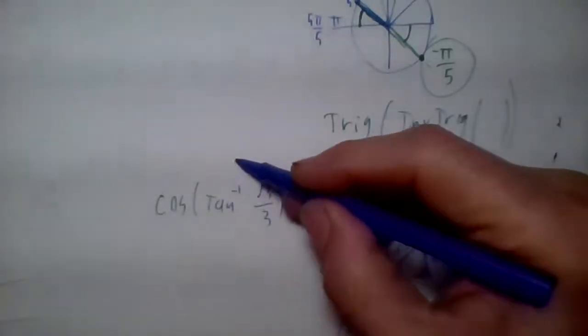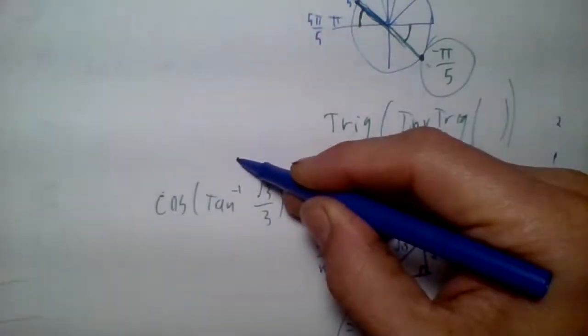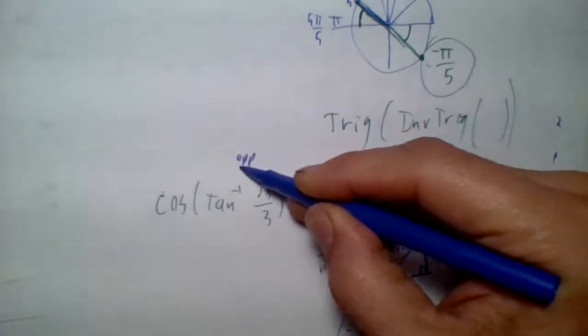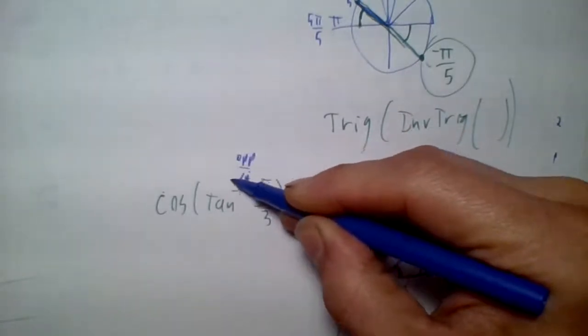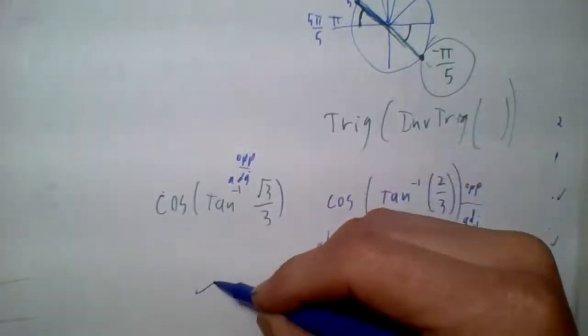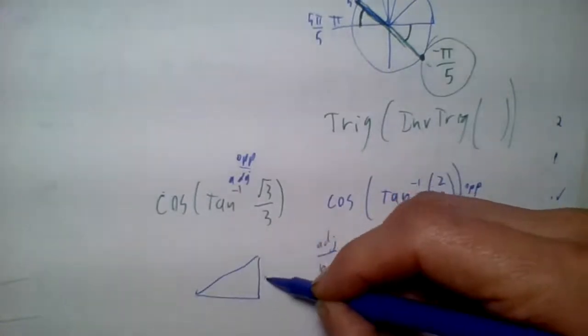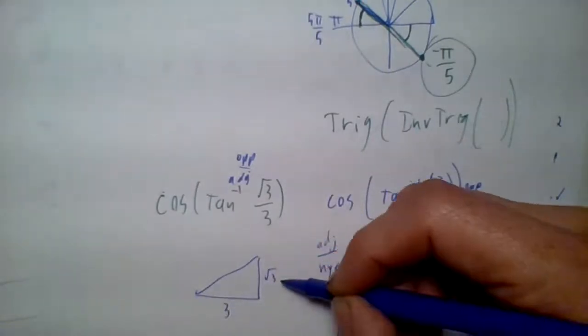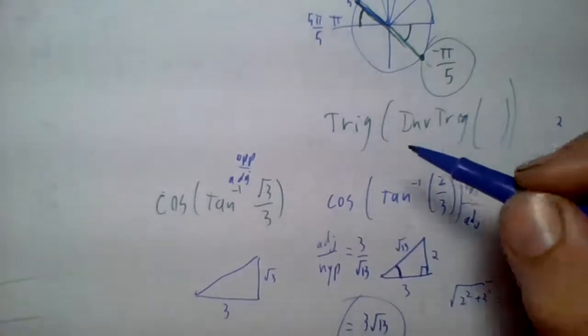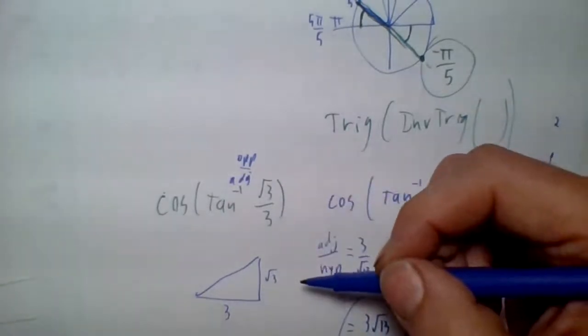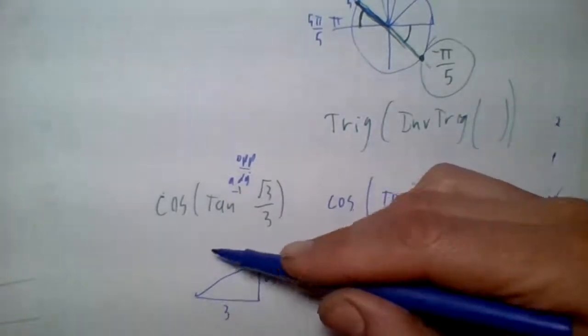Look at your inverse trig function. Which one is that? This is saying, well, tangent's opposite over adjacent. So use this as opposite and adjacent. If everything's positive, that's good. Square root of 3 over 3. These could be negative sometimes, one of them, but this is both positive. Pythagorean theorem tells you the third side.